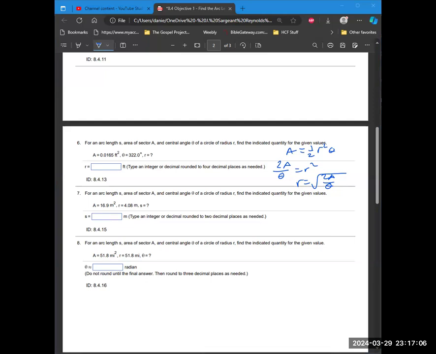0.0165, and theta was given as 322 degrees, but I need to convert that. 322.0 degrees times pi over 180 degrees.